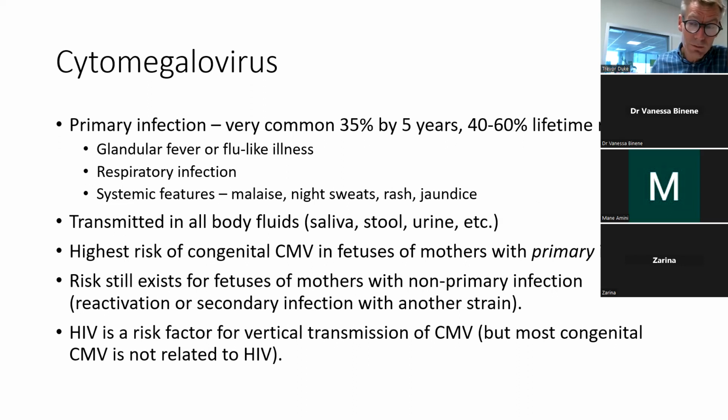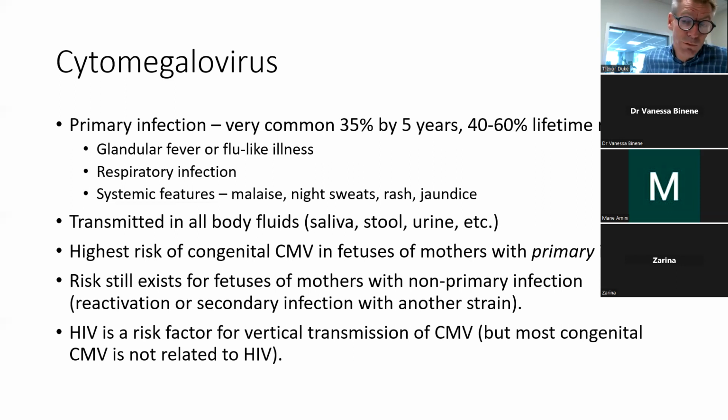And it often stays around. Like many of these viruses, it stays within your body. You have antibodies to it, you're protected, and you rarely get it again unless you get a different sort of strain. Even by 5 years, the studies suggest that 35% of all children have been exposed to CMV, have had a CMV infection.